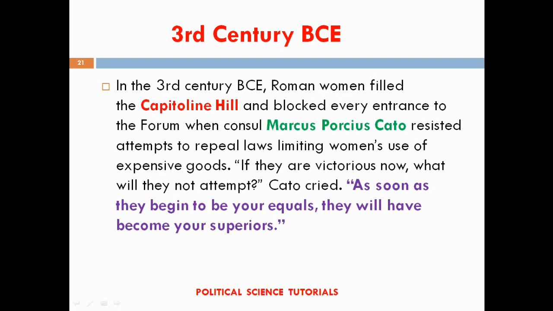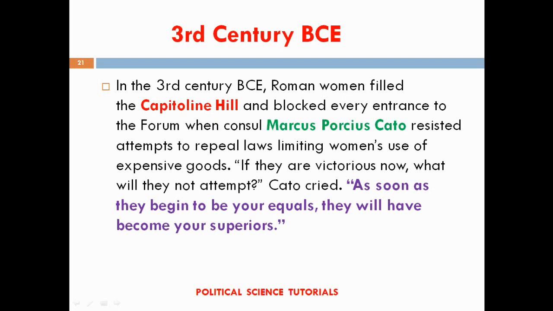If we look back to recorded history, it was in the 3rd century BCE that Roman women resisted attempts to repeal laws limiting women's use of expensive goods. Resisting authority was also not so easy.